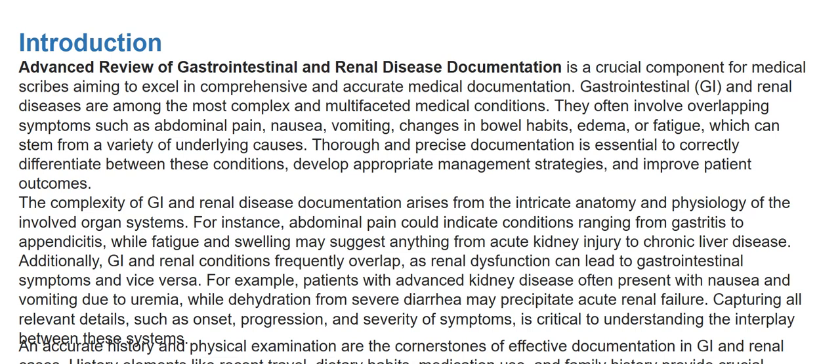Physical examination findings, such as abdominal tenderness, distension, or flank pain, coupled with laboratory results like electrolyte imbalances, liver function tests, and urine analysis results, help paint a complete clinical picture. These details must be documented systematically to ensure every piece of information contributes meaningfully to diagnosis and treatment.